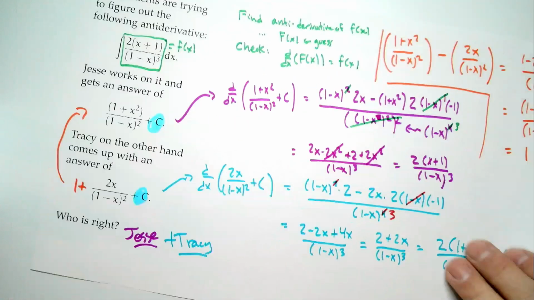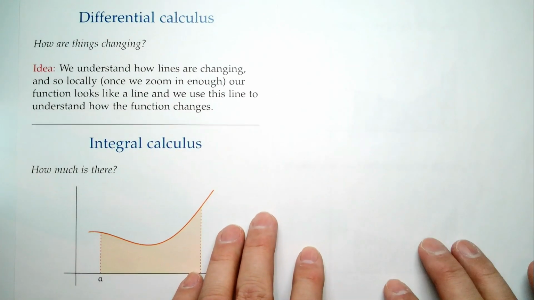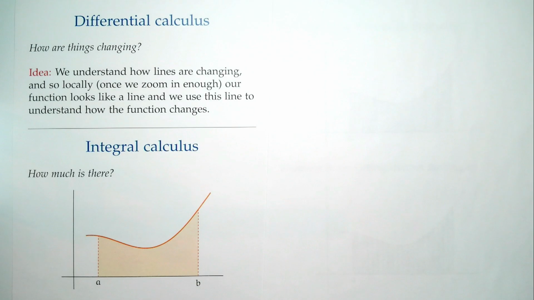So antiderivatives, we're going to put that aside, because now we're ready to talk about our two forms of calculus. And we've already talked about differential calculus, and the basic question you ask in differential calculus, how are things changing? And the way we answered that, we just said, all right, I understand how lines change.